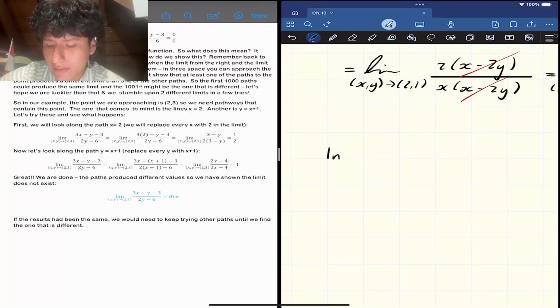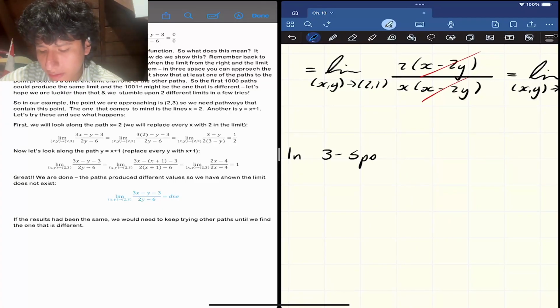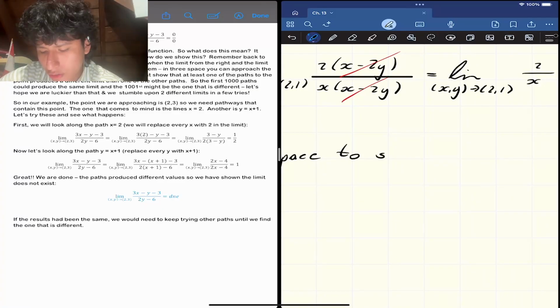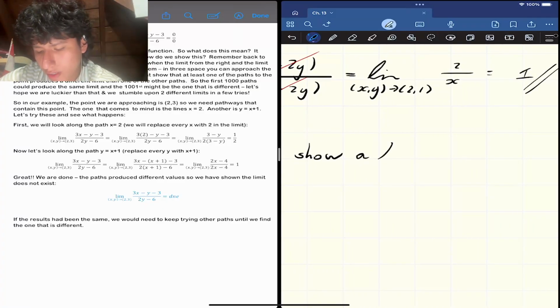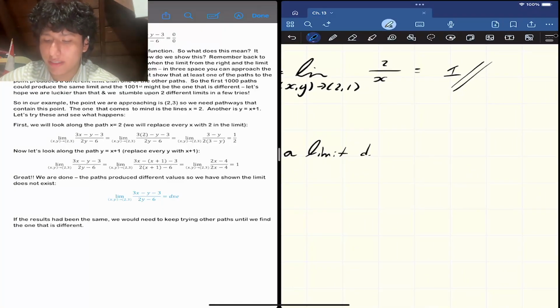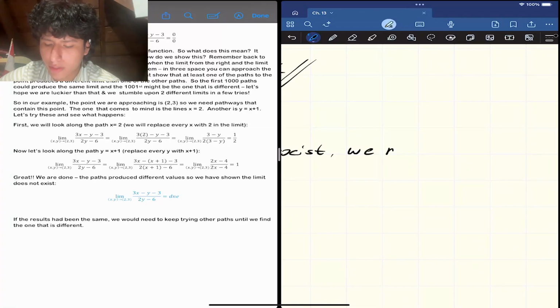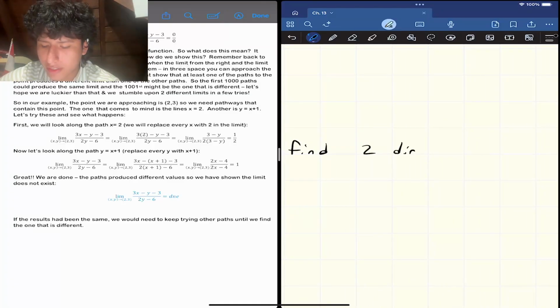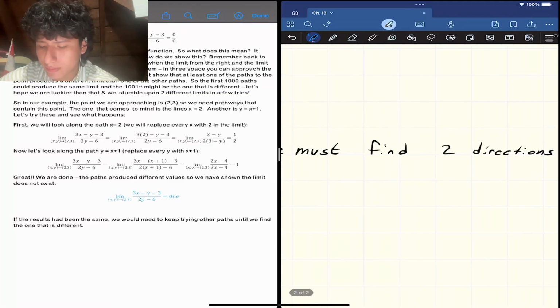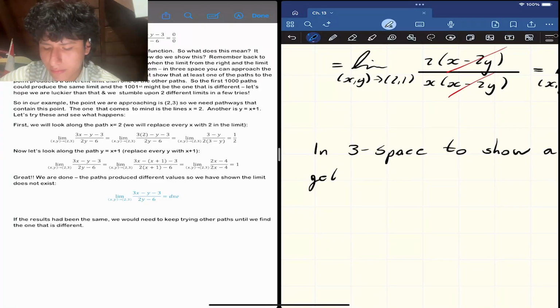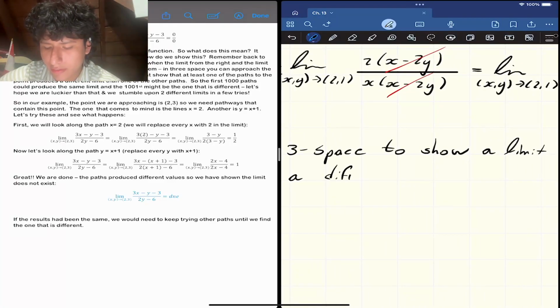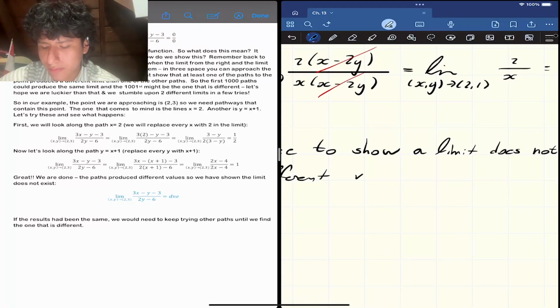Let me just write a quick note. I'm not going to write all that. In 3 space, to show a limit does not exist, we must find 2 directions that get a different value.